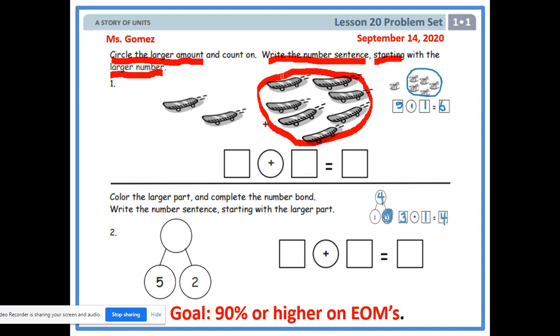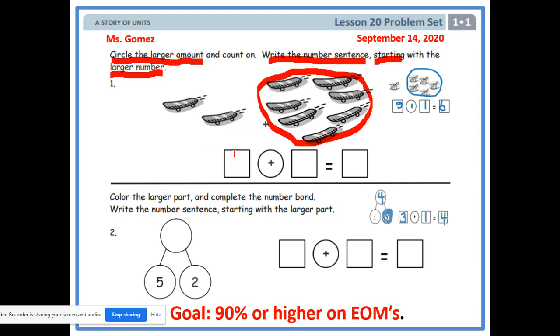Remember, because it's faster. So we know we already have 7 here. No need to count them. And let's count on. Count with me. 7, 8, 9. So what is our total, boys and girls? Get ready. Yes, 9.